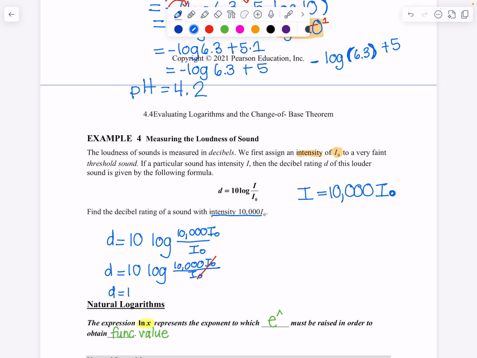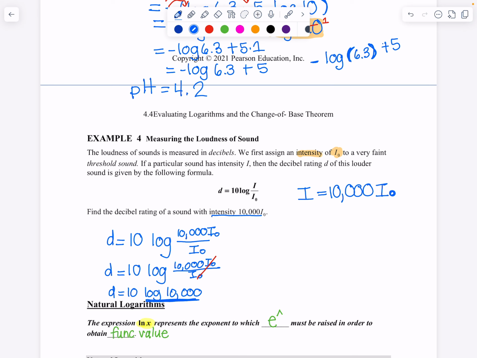D equals 10 log 10,000, right? Now, all this can be calculated. You could type that in and get it calculated, okay? Or you can type the entire expression in and we can get it calculated.